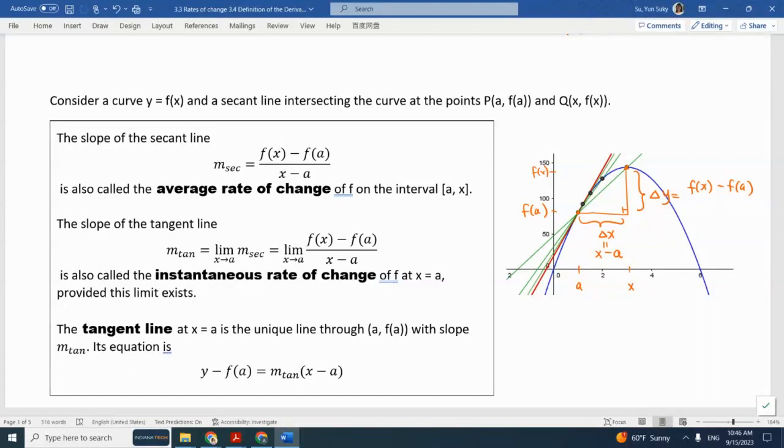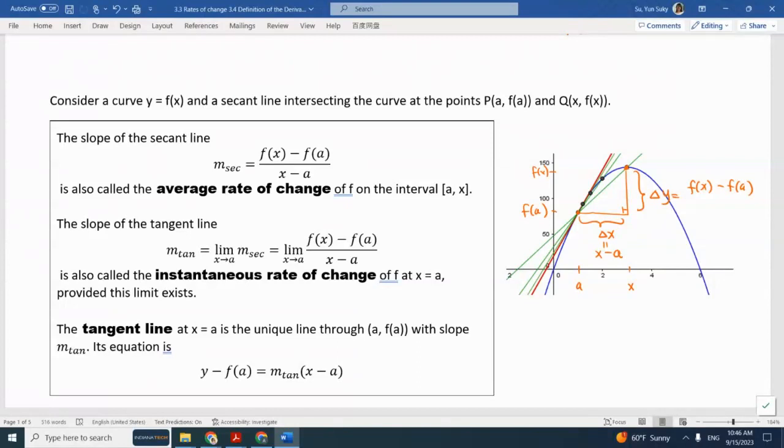Okay, everybody? From this picture, we know that when we let the first point be a fixed point and the second point varies, getting close to the first point, the secant line passing through those two points will converge to the tangent line at point a. So what is the slope of the tangent line? The slope of the tangent line is the limit. That's why we learned limits in the previous sessions.